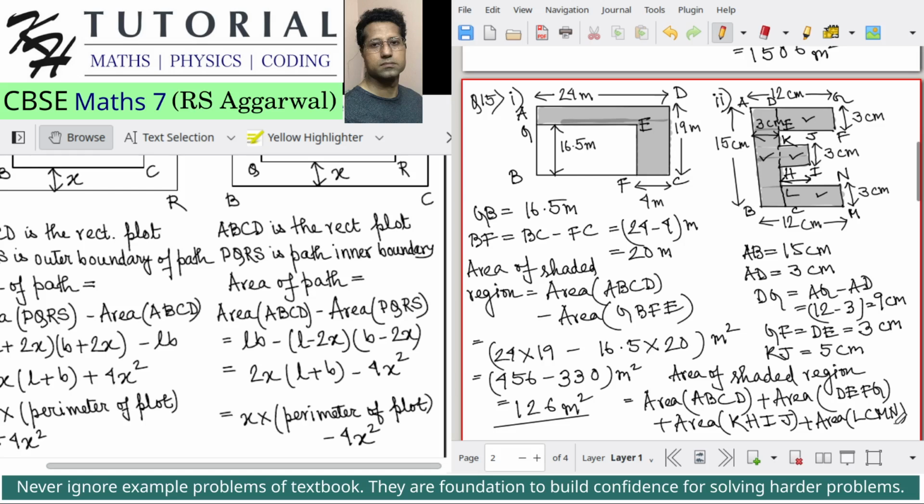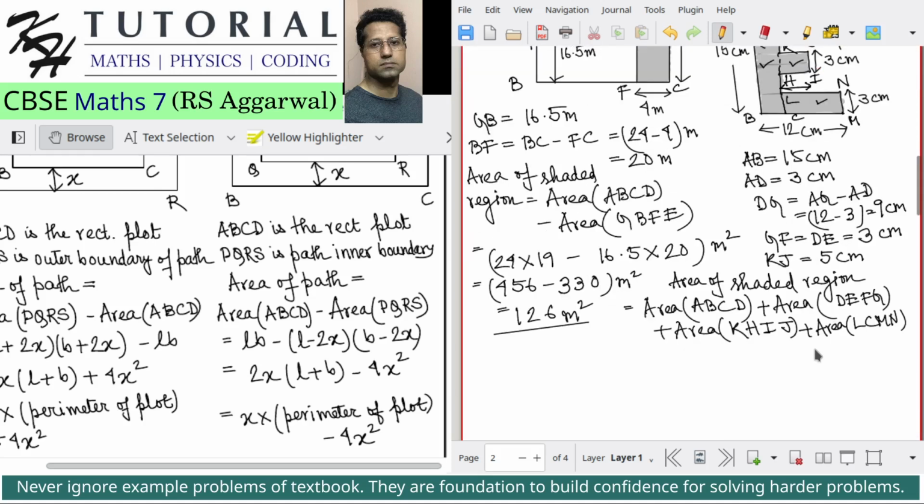Now please note that the rectangles DEFG and LCMN will be congruent, they are identical.